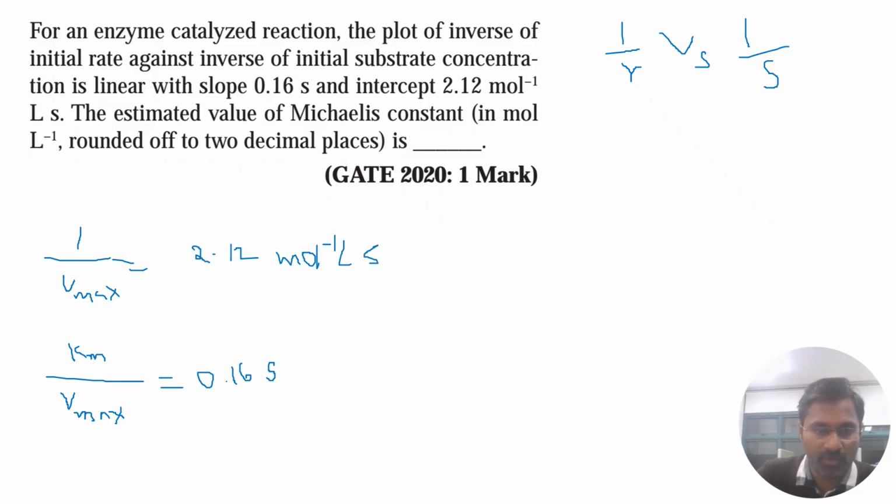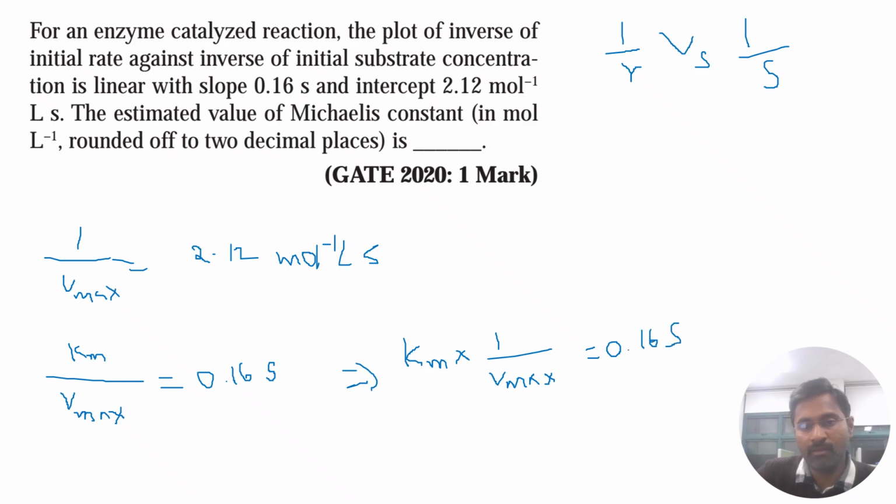You can straight away substitute this 1 by Vmax value. So I am writing Km multiplied by 1 by Vmax, which is equal to 0.16 seconds. So Km multiplied by 2.12 is equal to 0.16. So the Km value can be calculated as 0.16 divided by 2.12.